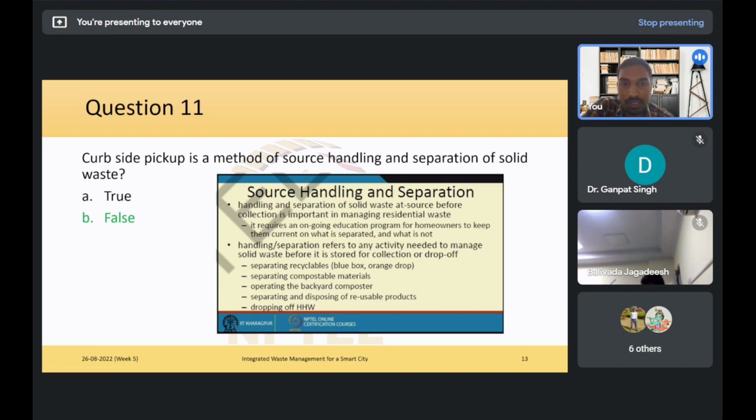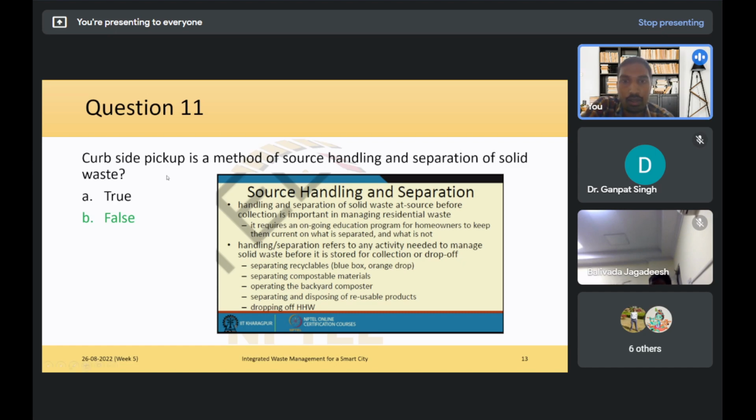We use different colored boxes in which people could put recyclables and non-recyclables separately, or separate wet and dry, right? What is compostable and what is non-organic, we could do that. Or doing backyard composting, or separating what is reusable and recyclable.